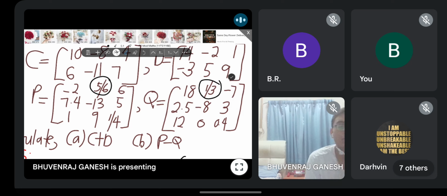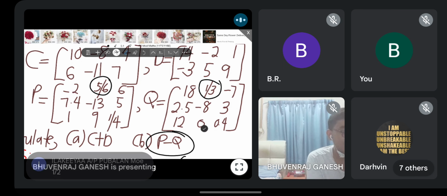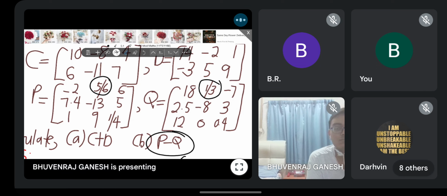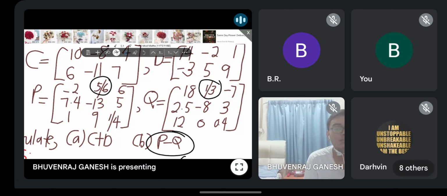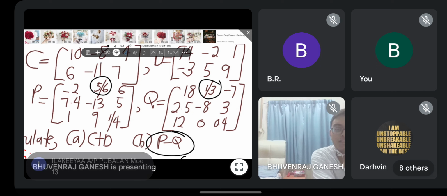What will be the answer for P minus Q? Okay, third one. Third one, careful, guys. There is a negative sign, so you must be careful. Anyone? Third one? Okay, correct.